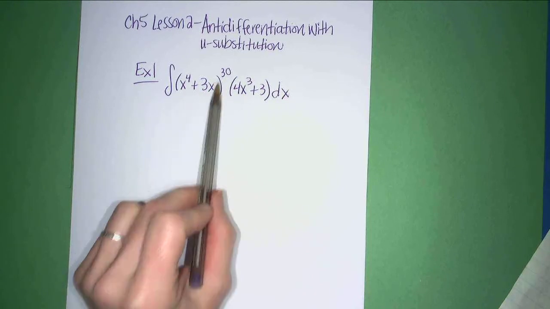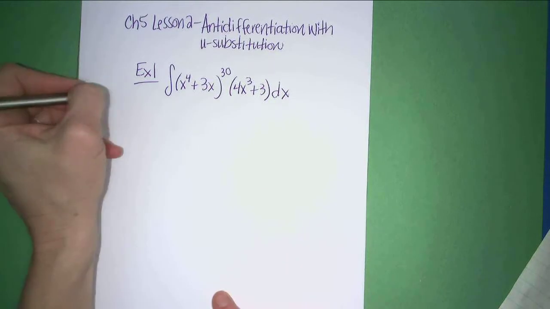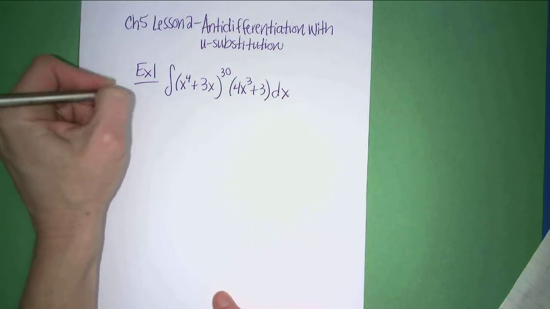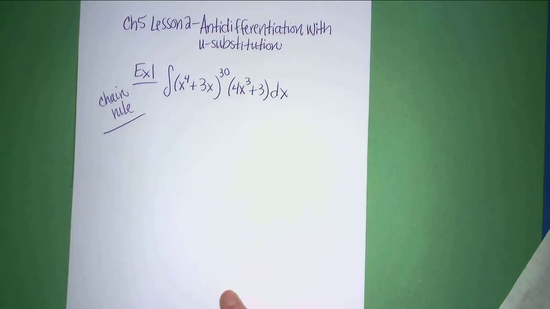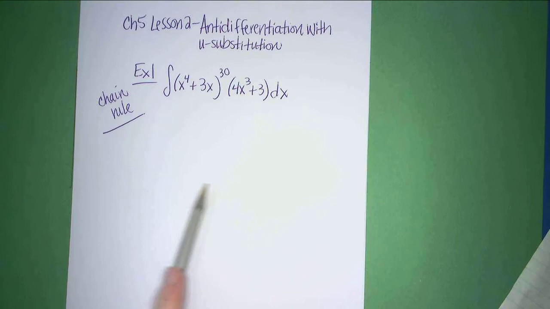If you take the derivative here, you get 4x to the 3rd plus 3. So I'm thinking that a chain rule must have been involved in taking the derivative of this original function we're searching for.